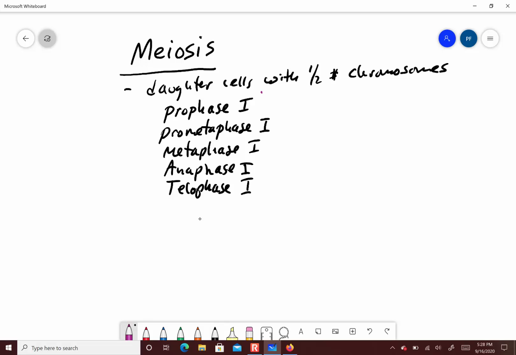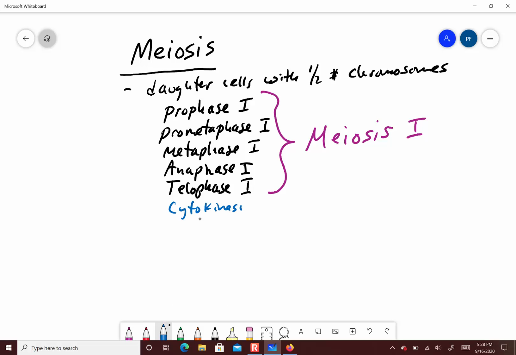All right, so these first 5 steps, all of that together is referred to as meiosis 1. Meiosis is actually going to have kind of 2 parts, 1 and 2, right? Makes sense. So then in between here, we are going to get cytokinesis. Okay, and then we go into meiosis 2.